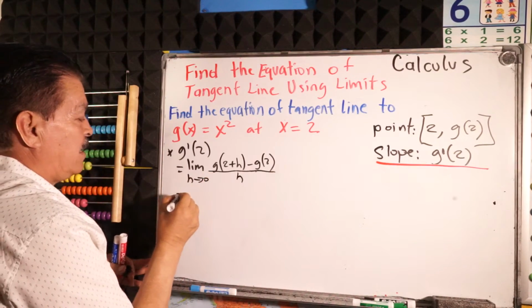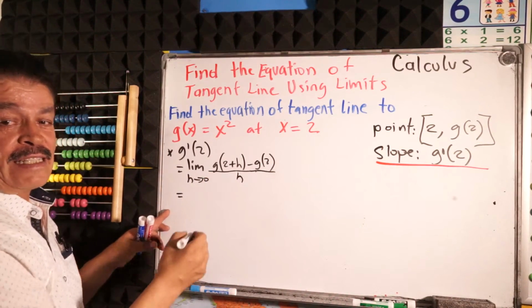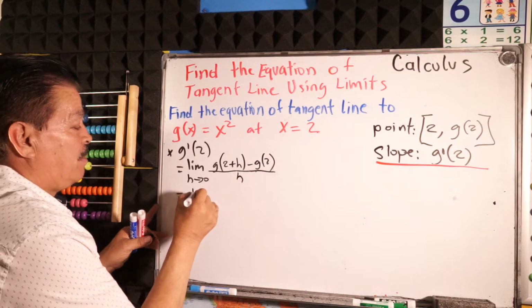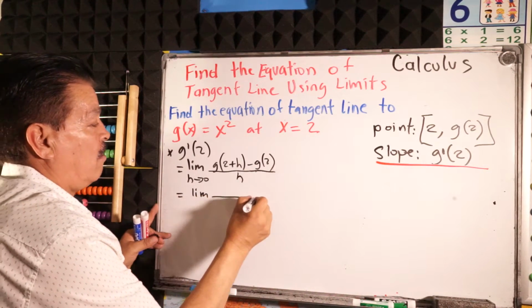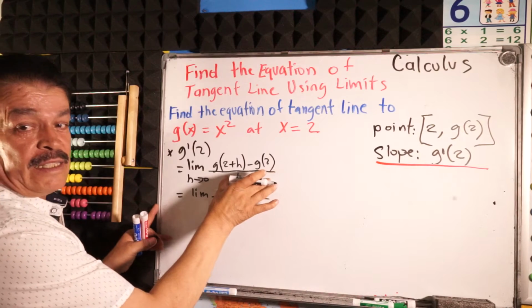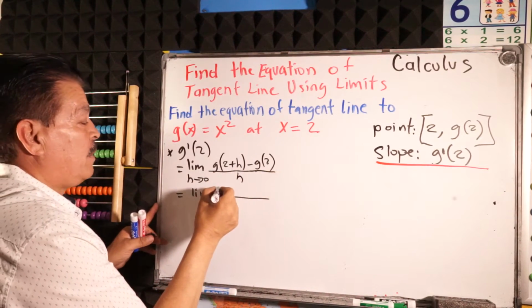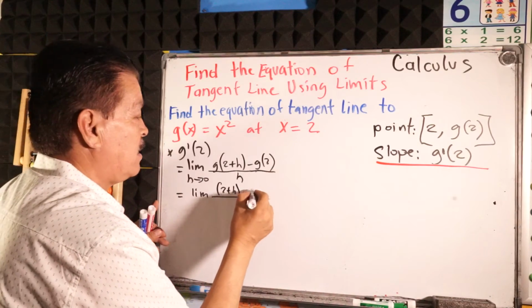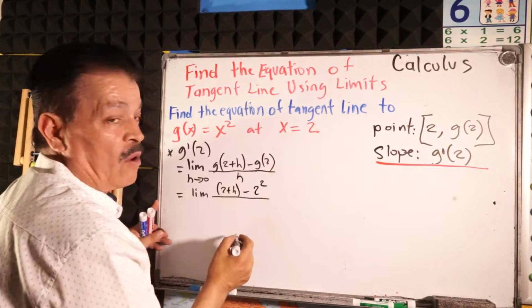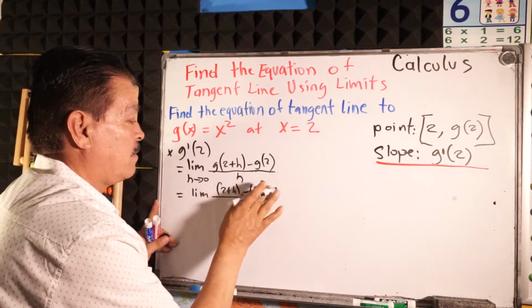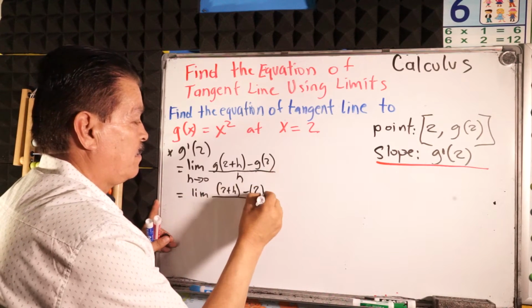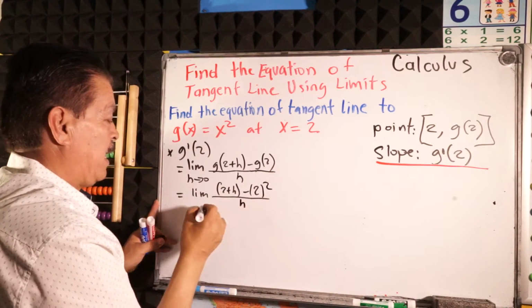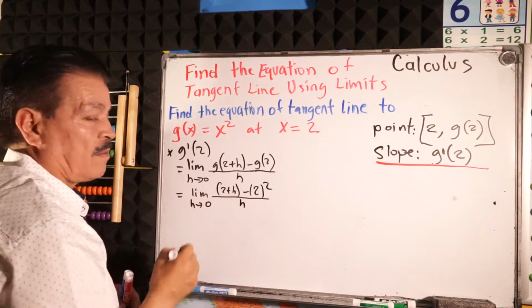If we simplify, next step, the limit of 2 plus h squared minus 2 squared, divided by h when h approaches 0.